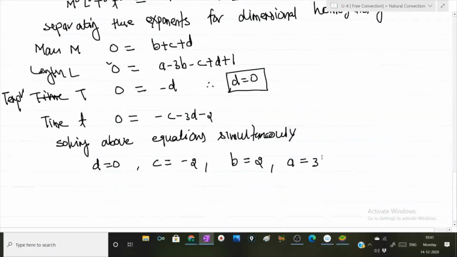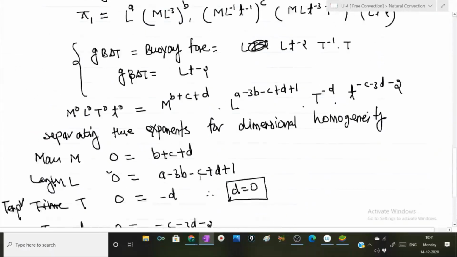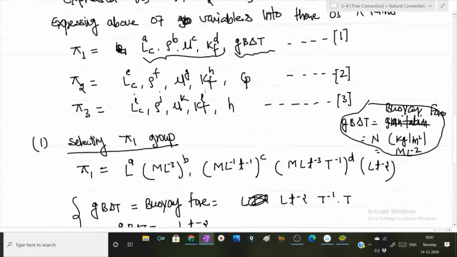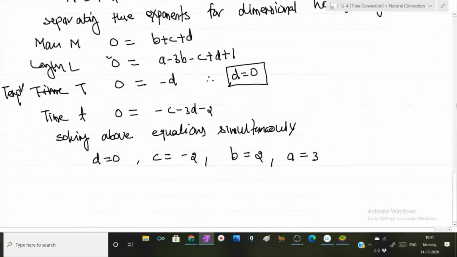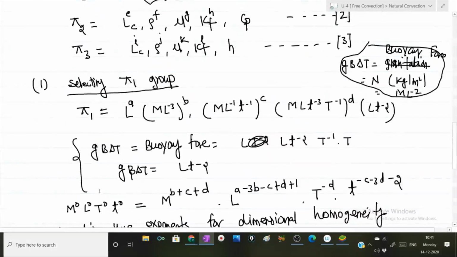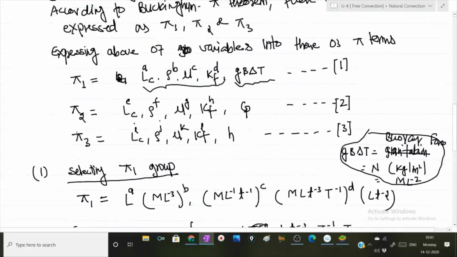So let us put these values of exponents into equation 1. Equation 1 is pi 1 is equal to this one, LC power a and so on. Here I am putting the values of a, b, c, d exponents.